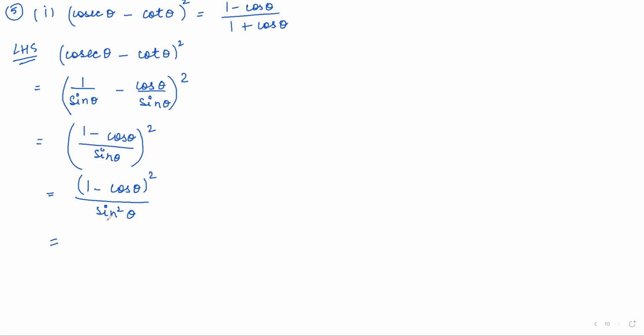Yeah, ma'am, I'm here. Okay, what can I write in place of sine square theta? See, what is identity number 1? It's sine square theta plus cos square theta is equal to 1, right? So I want to find the value of sine square theta only. So that means I can take this cos square theta on the other side. So sine square theta is 1 minus cos square theta.